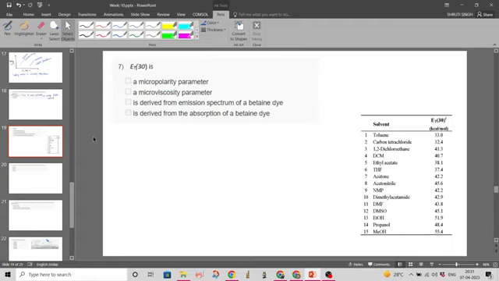So the seventh question is about ET30. What is this parameter?